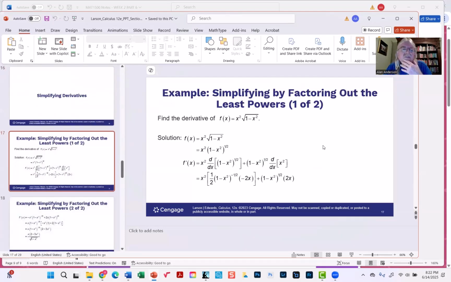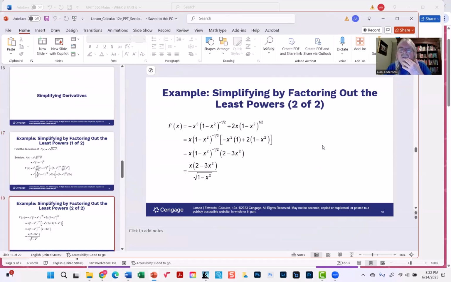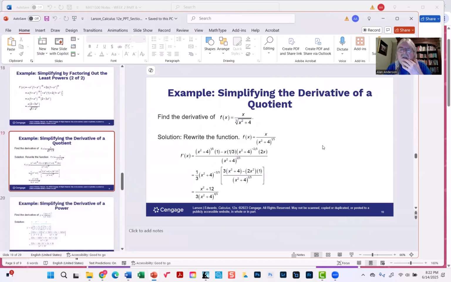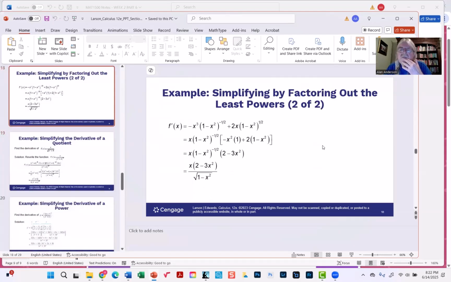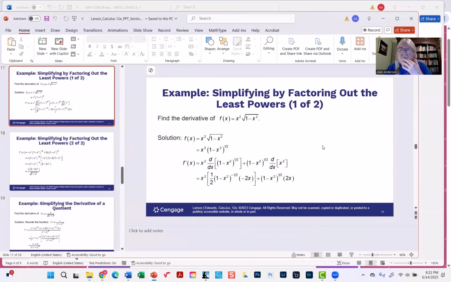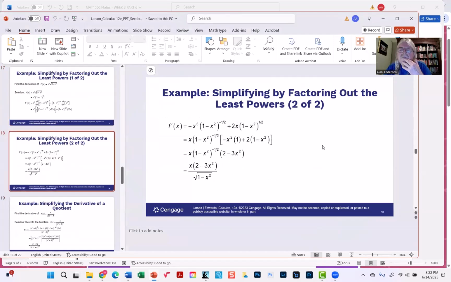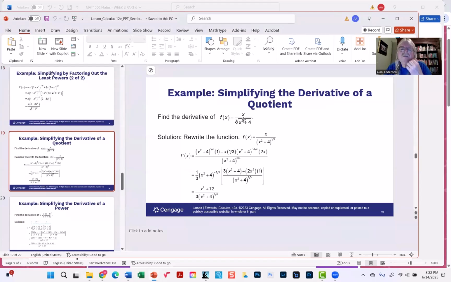Now here they're trying to give us a few tricks for maybe making things a little easier on ourselves. Much easier this is. All right, well, let's use that. Let's do simplifying the derivative of a quotient. All right, let's see what this is all about.